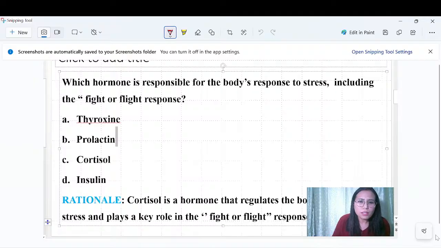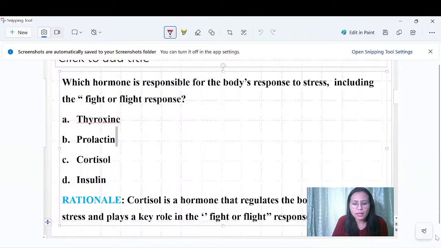During the stress, the body releases many hormones, right? So adrenaline acts immediately.